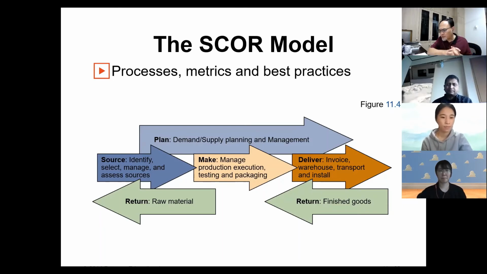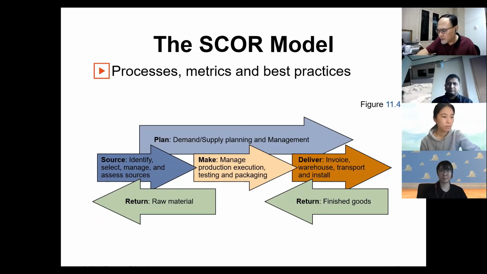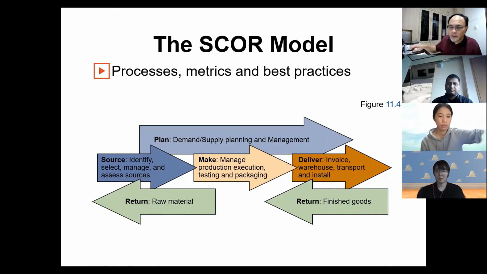In the supply chain, what they call the Supply Chain Operations Reference model, SCOR. You have all these processes, metrics, and best practices.